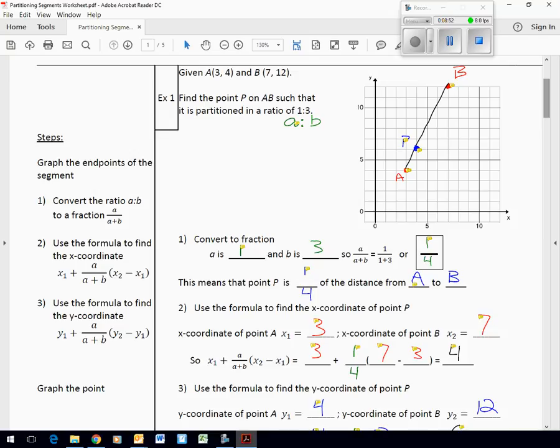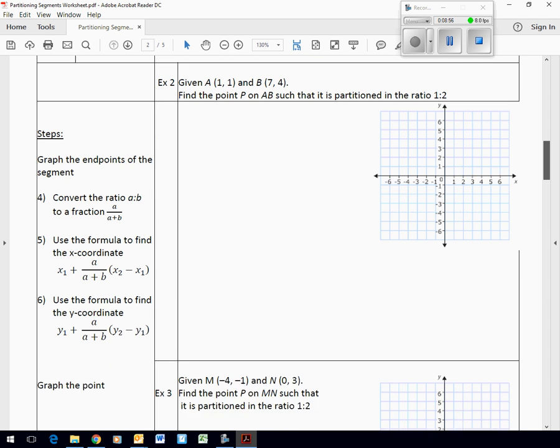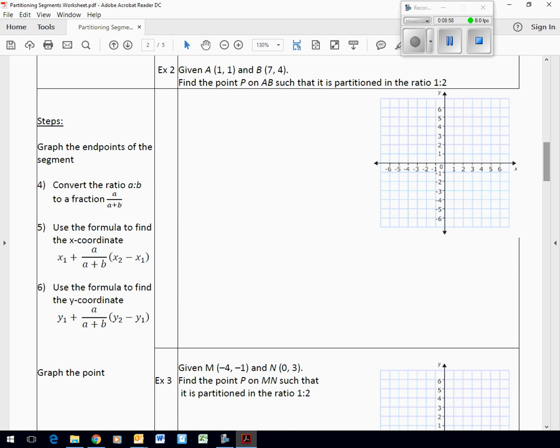All right. Let's do number 2 at the bottom of the page. First thing I want to do is go over steps. Graph, right? Start off by graphing. Graph A and B. A is at 1, 1. That's easy.